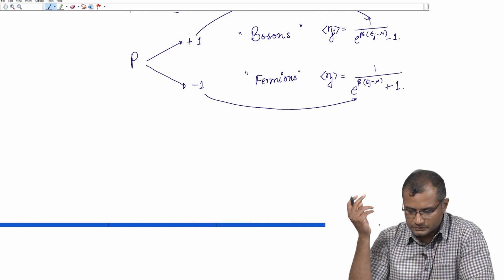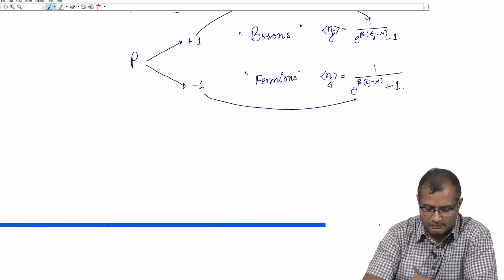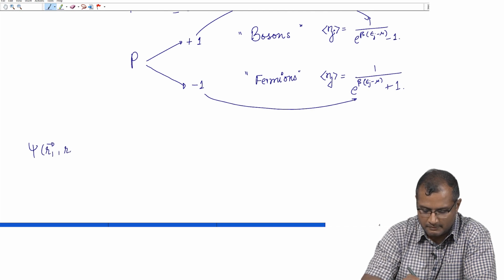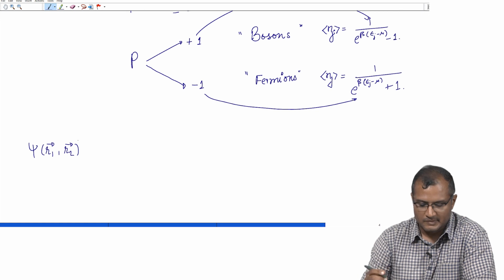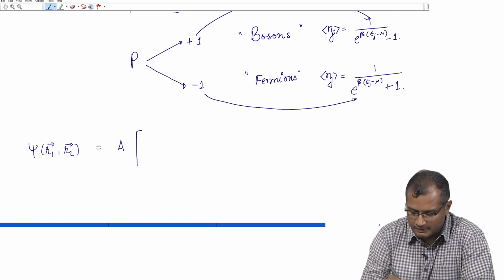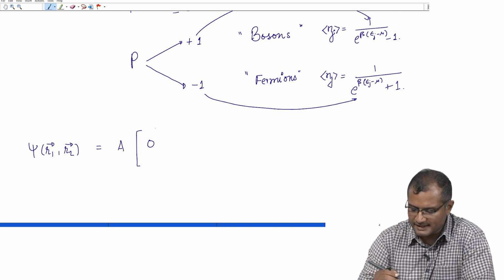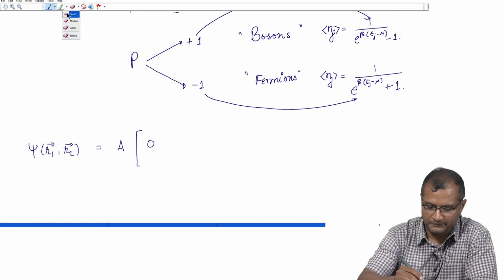Now, we can write down the wave function of the system, this two particle system, as some kind of a linear combination of single particle states. What do I mean by single particle states is the following.